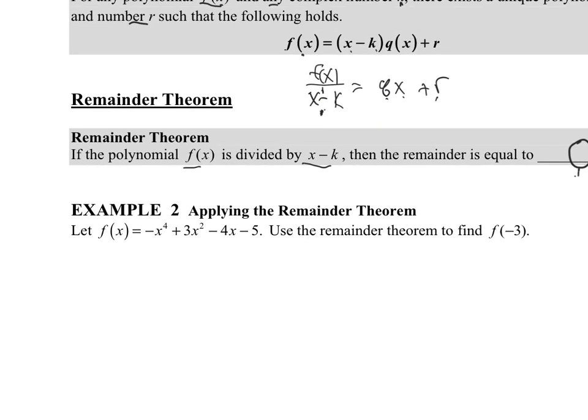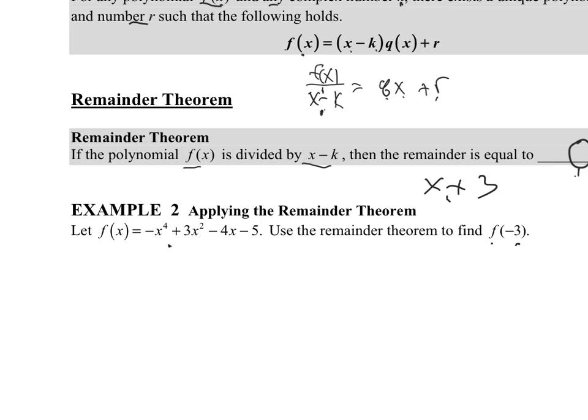If you don't get 0, you get a remainder. Interestingly enough, if you want to find out what f of negative 3 is, that's the same thing as dividing by x plus 3. So if this goes in evenly, you get a remainder of 0.